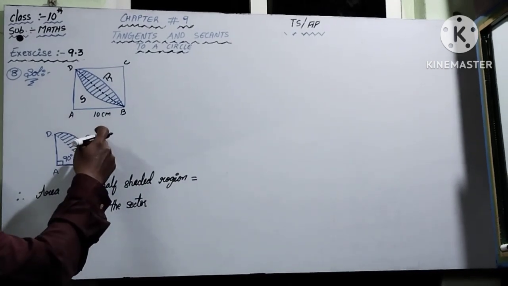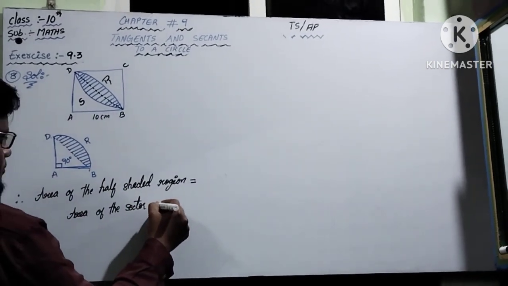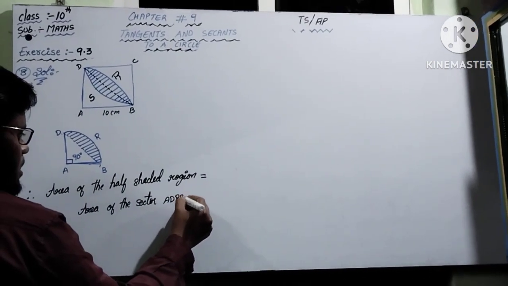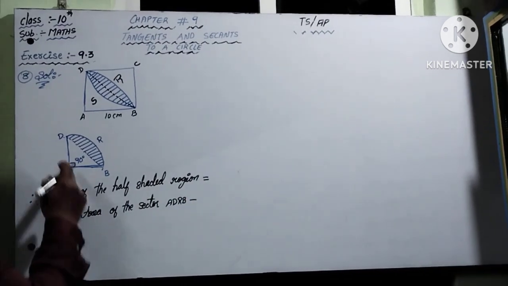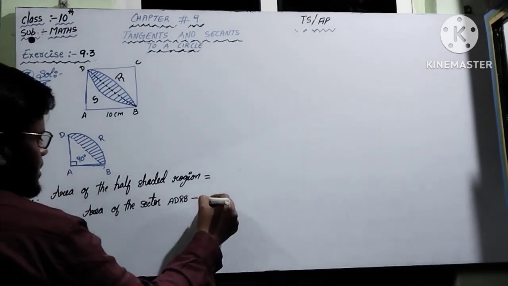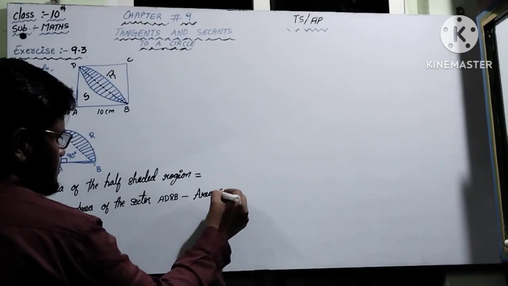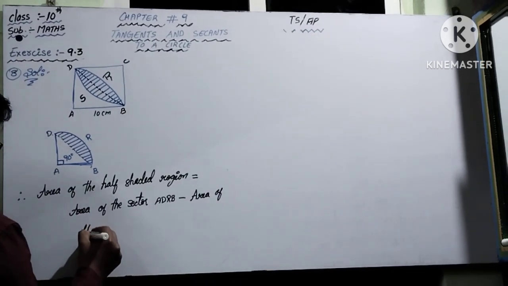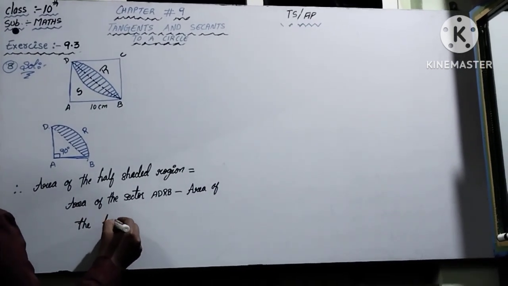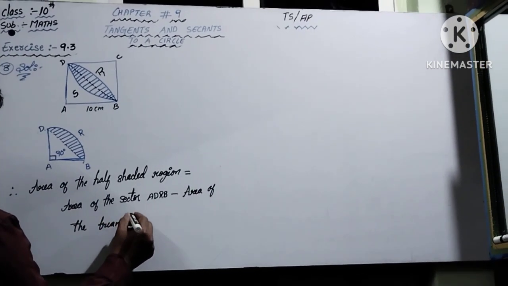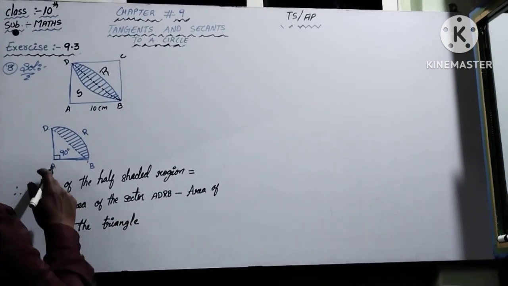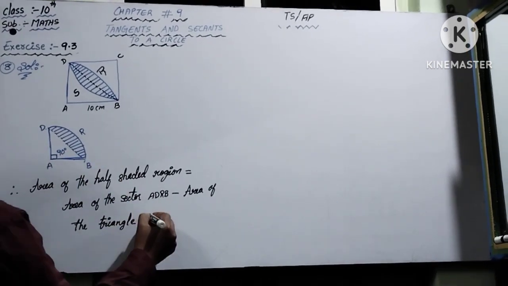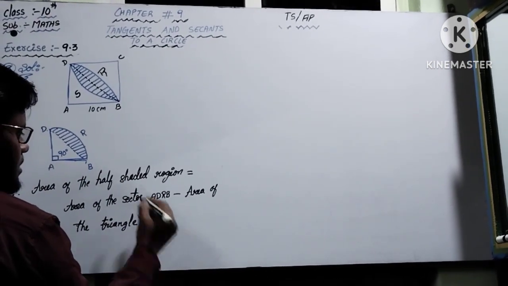The sector name is ADRB. From this sector I will subtract this triangle, minus area of the triangle. The triangle here is ABD. Any doubts?